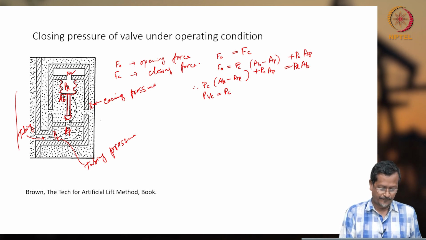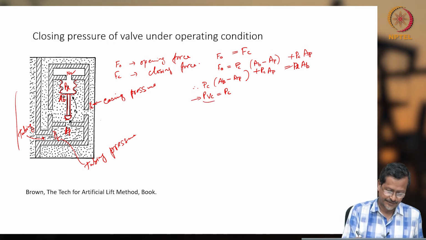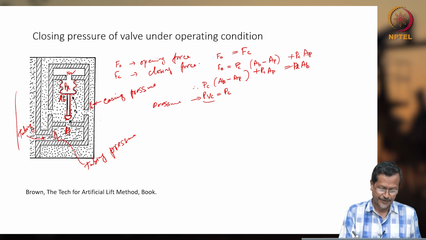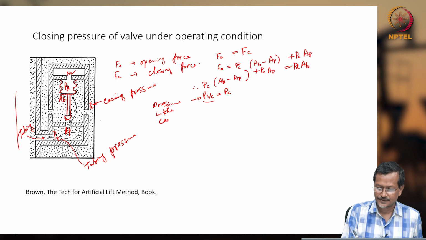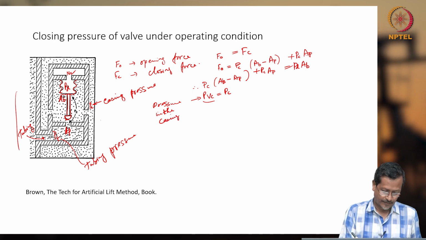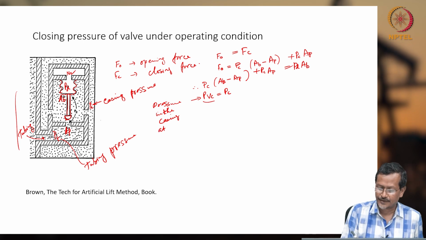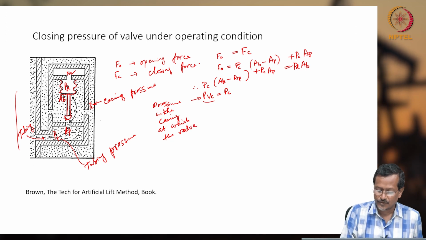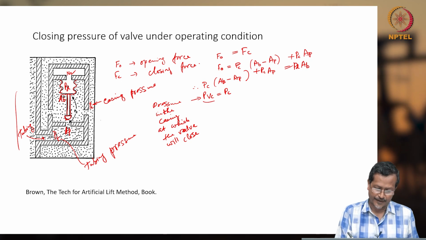So PVC is the pressure in the casing at which the valve will close under operating condition.